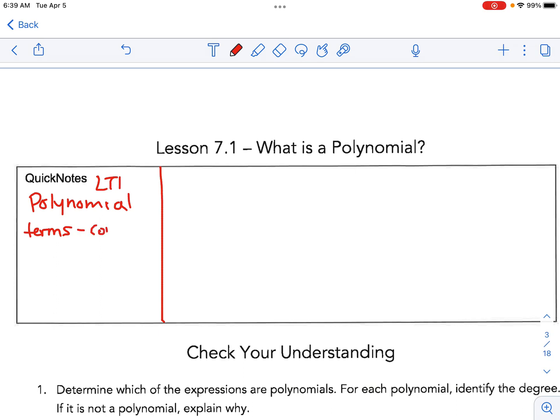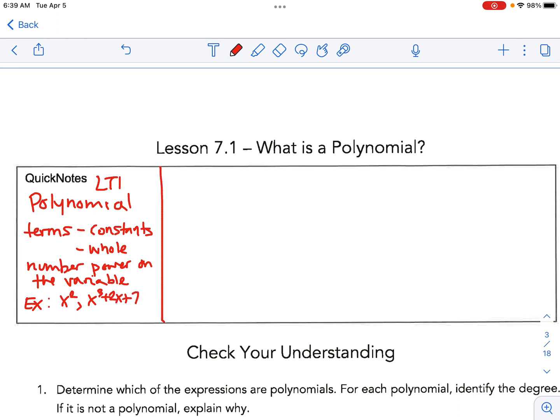So this is kind of wordy: terms that contain constants and terms that contain whole number powers on the variable. So whole number, those are positive powers. For example, we had x squared, x cubed plus 2x plus 7. Those would be examples.